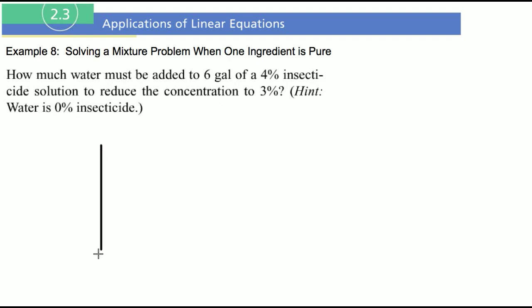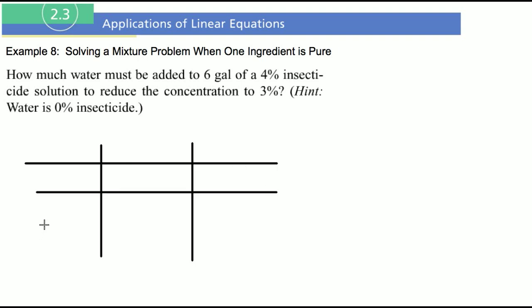So I'm going to draw my little lines in right here, with some lines going across, and that should be good right there. Okay, so first of all, we're talking about gallons of water. So I'm just going to put gallons of water, and then we have our percent right here.